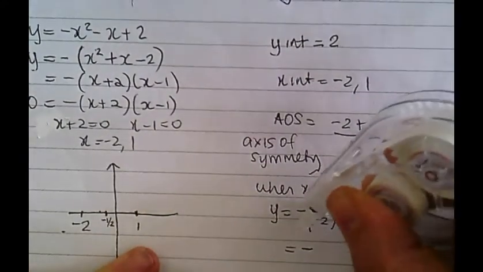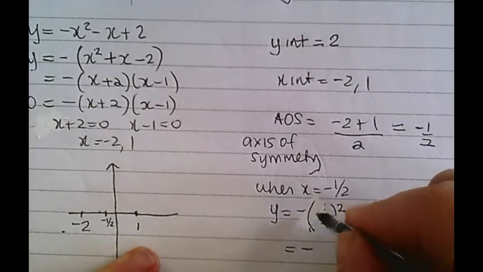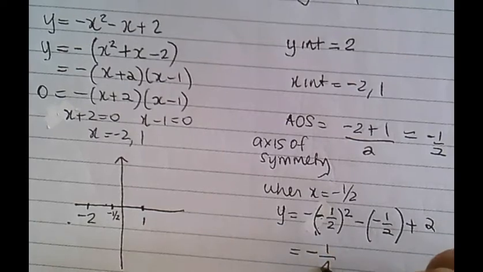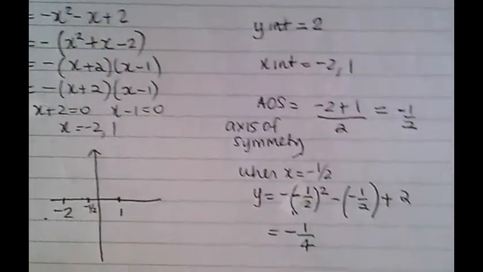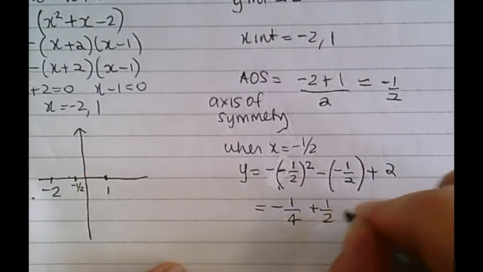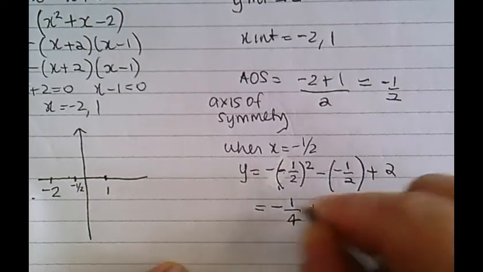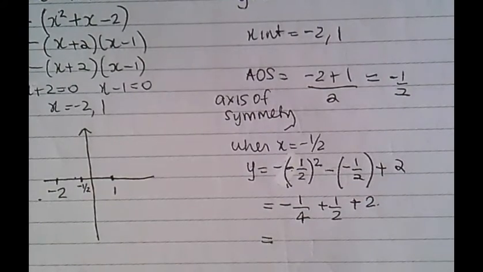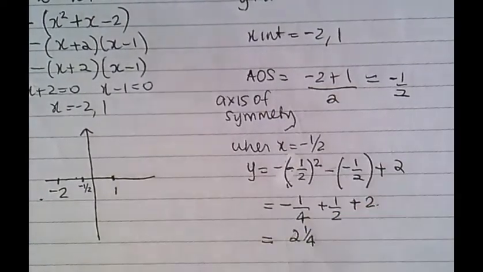Negative what? -1/4, because -1/2 squared is 1/4. So it's -1/4. What's the next one? +1/2 plus 2. Well, isn't that 2.5 minus 1/4? No need for a calculator. 2.5 minus 1/4. 2.25.